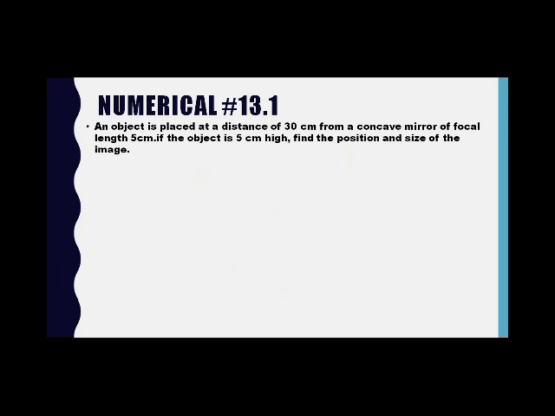If the object is 5 centimeter high, find the position and size of the image. The main thing in a numerical is to practice it multiple times so that we can identify what is given, what is required, and which formula we will apply.